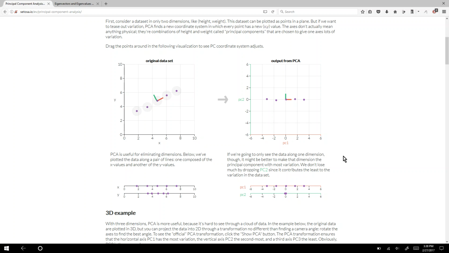So it kind of forces it to this. Therefore, this principal component captures the most amount of variation. And then the second one is the dimension that's orthogonal to it, and the amount of variation it captures doesn't matter. And so here, there's very little variation captured on the second principal component.